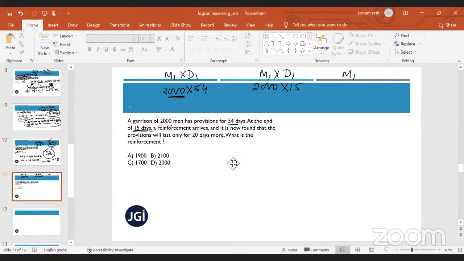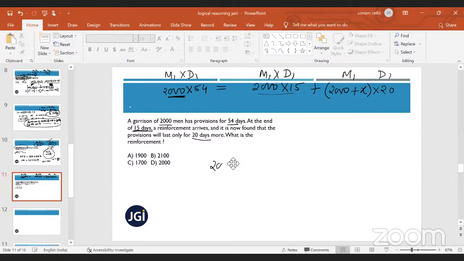Now M1 is 2000 plus X, because X number of people more joined. And they are saying the provision will last for 20 more days. It means D1 is now 20. Correct? So the total should be equals to the first 15 days, and then more people join, then 20 days.